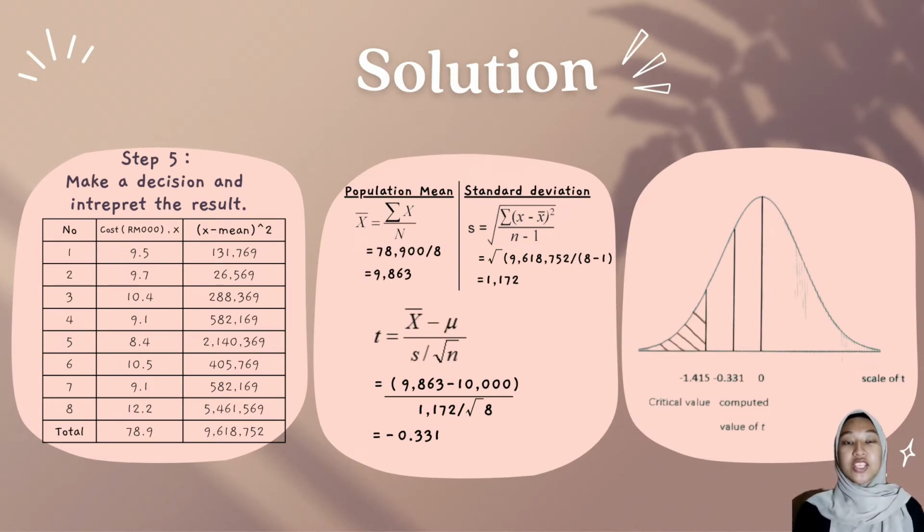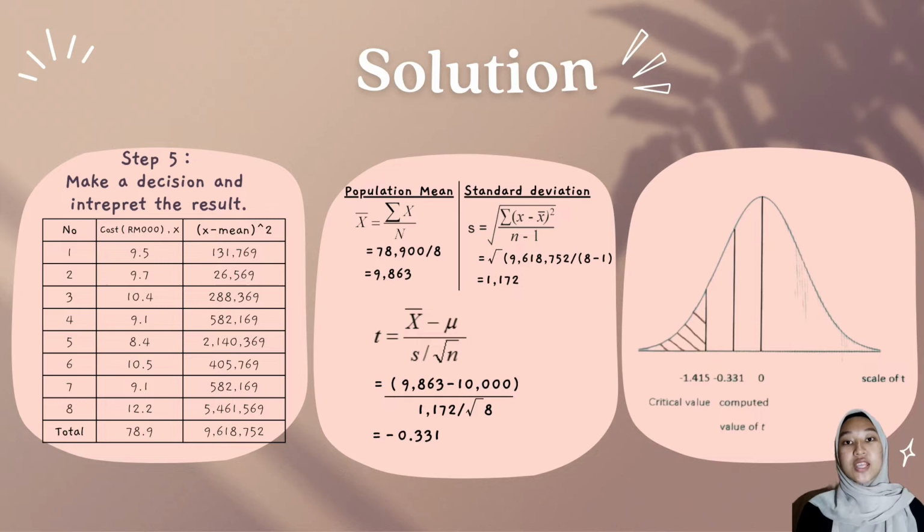For step 5, we need to make a decision and interpret the result. First, find the sample mean using the formula: the sum of all the values in the sample divided by the number of values in the sample, and we will get 9,863. Then, we need to find the standard deviation.